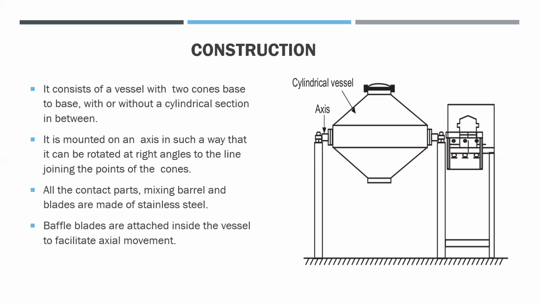So in this vessel there is an attachment of baffle blades which can increase the axial movement. So this is the construction of the double cone blender.